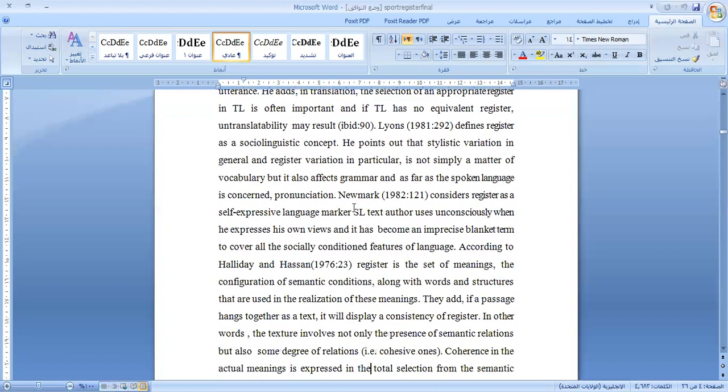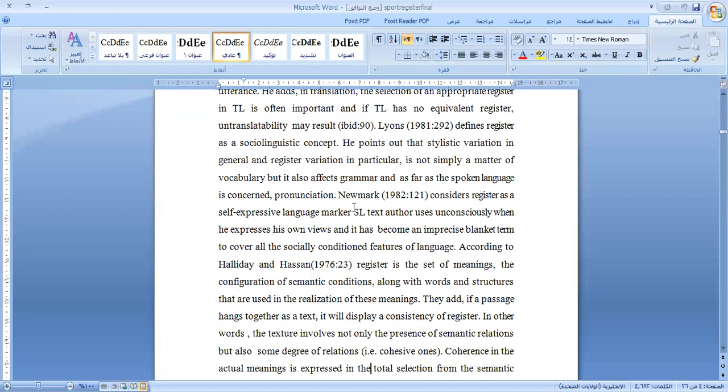So the principles and the rules of these sports are not familiar to Arab people generally, so translators usually face problems in rendering them.